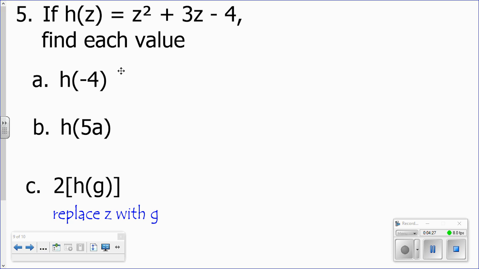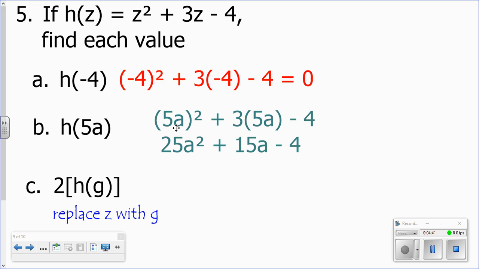If h of z equals z squared plus 3z minus 4, plug in negative 4 for z. Here, h of 5a, so wherever it says z, I plug in 5a. Can't combine these because they're not like terms, so you're just going to leave your answer as 25a squared plus 15a minus 4.